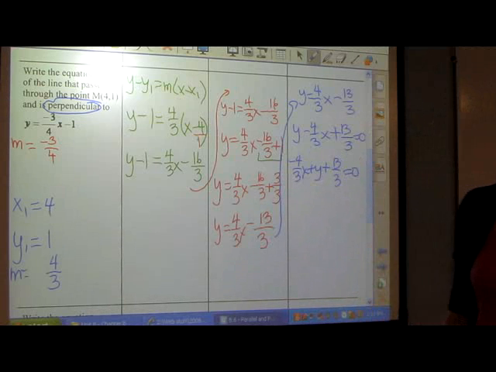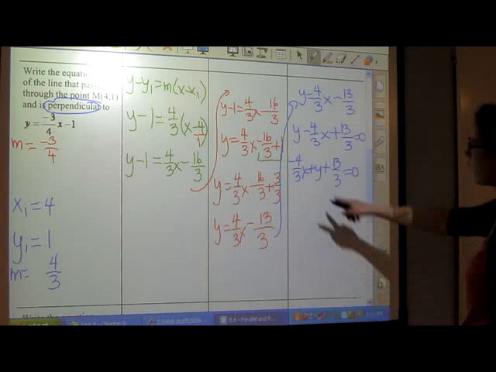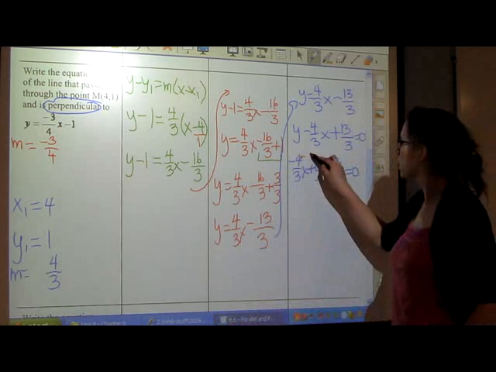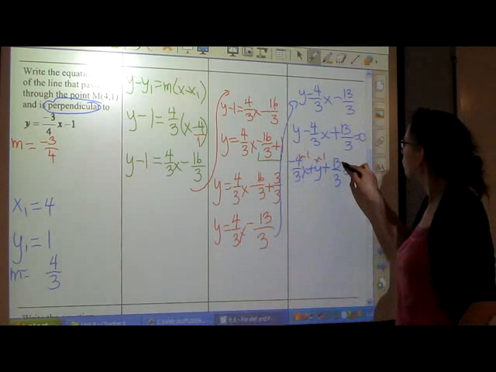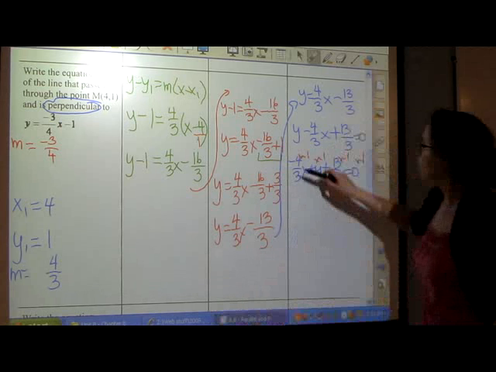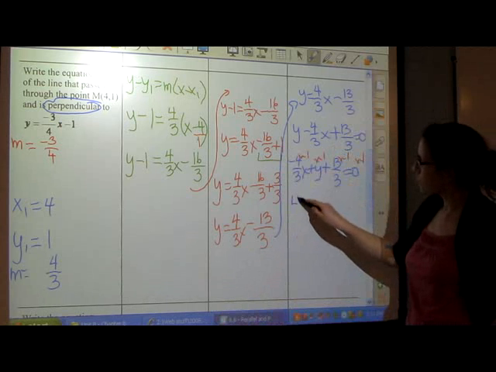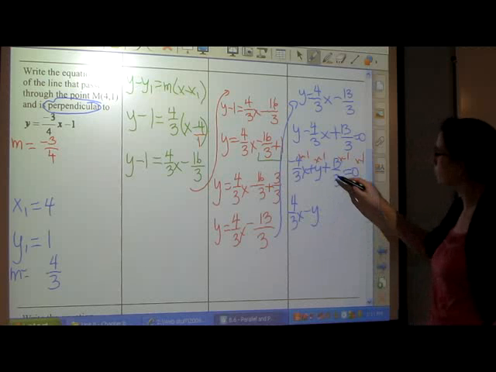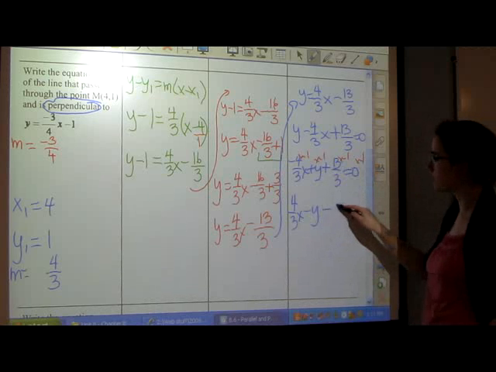And remember in standard form, we're not allowed to have a negative sign as our first term. So we'll multiply this by negative 1, this by negative 1, this by negative 1. And what happens is -4/3 becomes positive 4/3 x, positive y becomes negative y, positive 13/3 becomes negative 13/3.